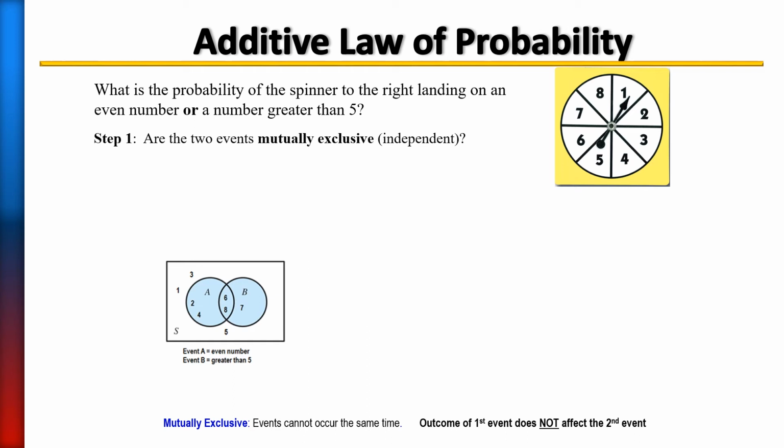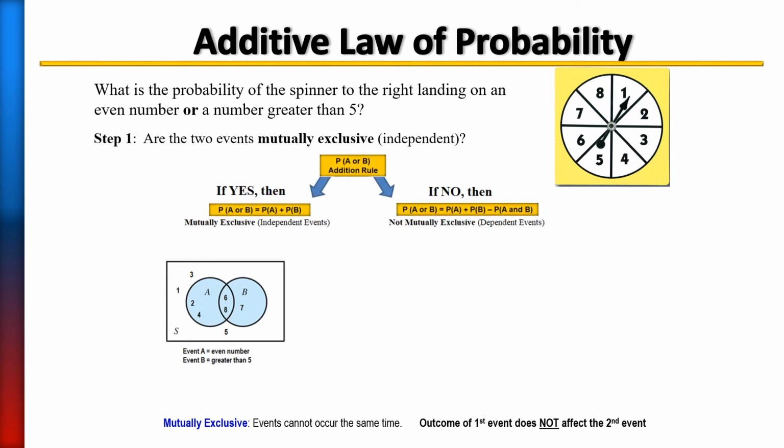Notice here when we drew a Venn diagram, what sets A and B share in common was the 6 and the 8. So whenever you have events that are not mutually exclusive, meaning they are not separate or independent, there's a different formula for that.